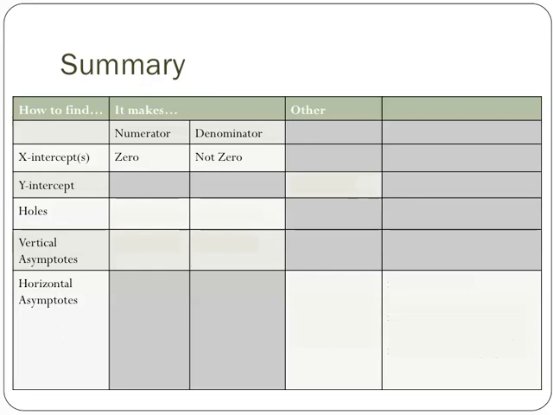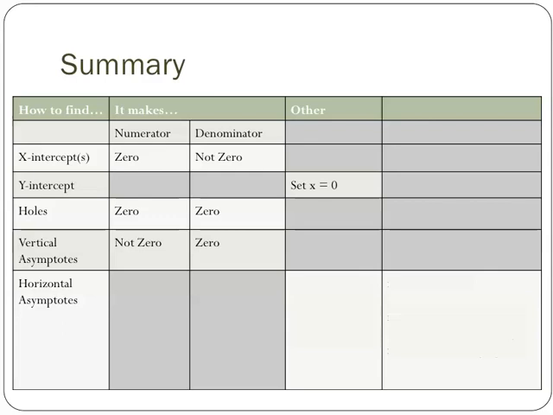The y-intercept is when you set x equal to 0. To find any holes, it's something that makes both the numerator and the denominator equal to 0. Vertical asymptotes is something that makes just the denominator equal to 0. So the numerator is not 0, but the denominator is.